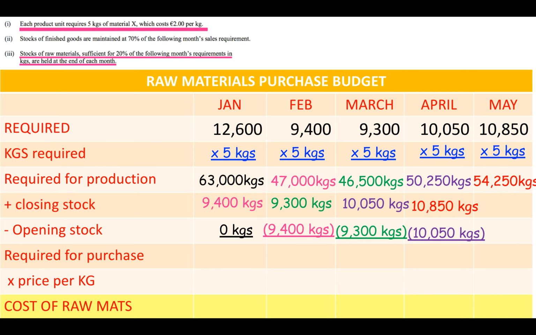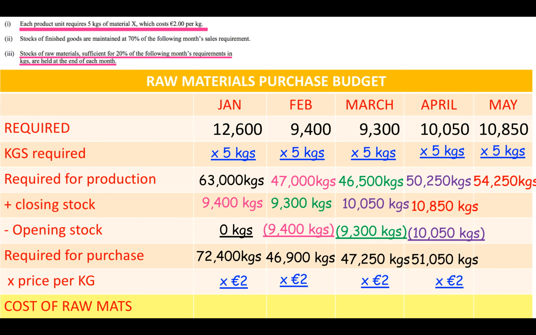10,850 kgs. So required for purchase altogether then, January you have 72,400 kgs, February you have 46,900 kgs, March you have 47,250 kgs, and April you have 51,050 kgs. Then we need to multiply that by the price per kg, which they tell us in part 1 is €2.